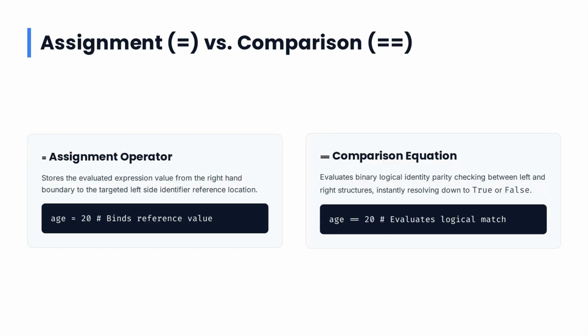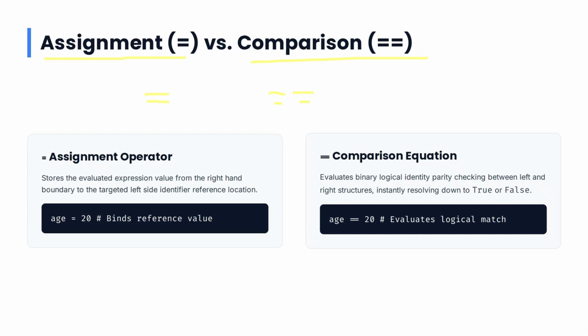Here is assignment, equal to, versus comparison, double equal to. As I already said, equal to means a value is being assigned to the variable, and when there is a double equal to, that means the values of the two variables are being compared.